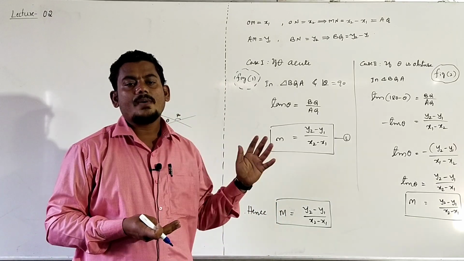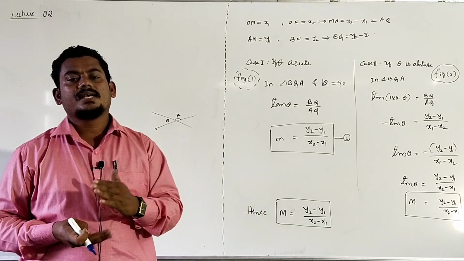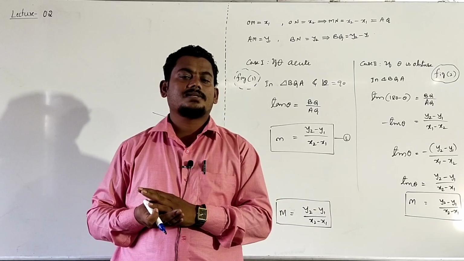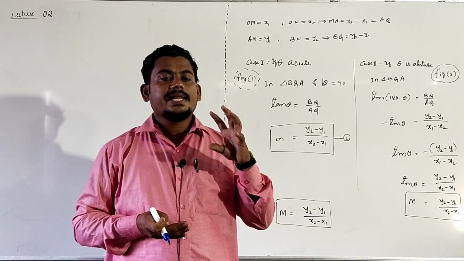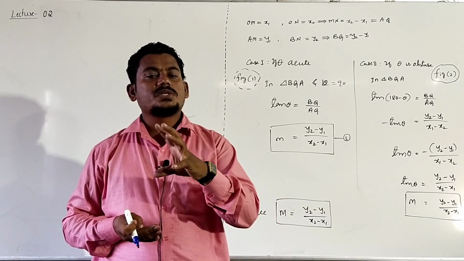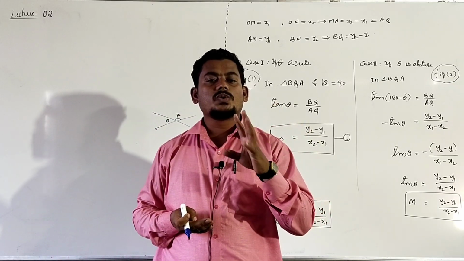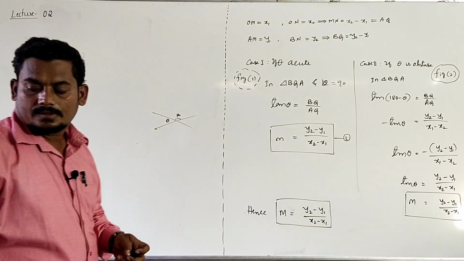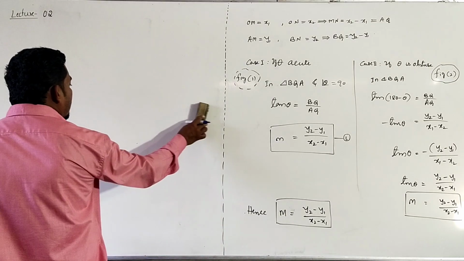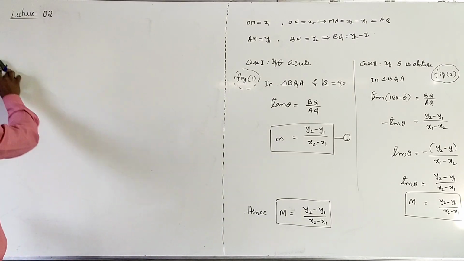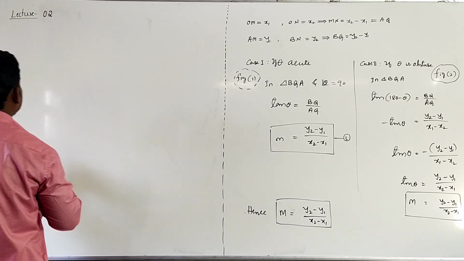Now we will derive the formula for finding the angle between two straight lines. Derive the angle between two straight lines formula. And this one is also important for 5 mark, right?